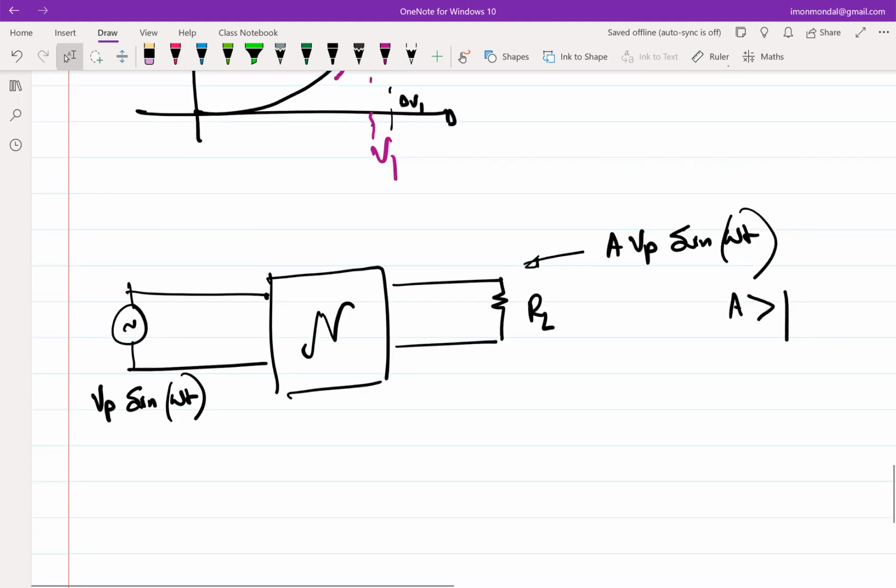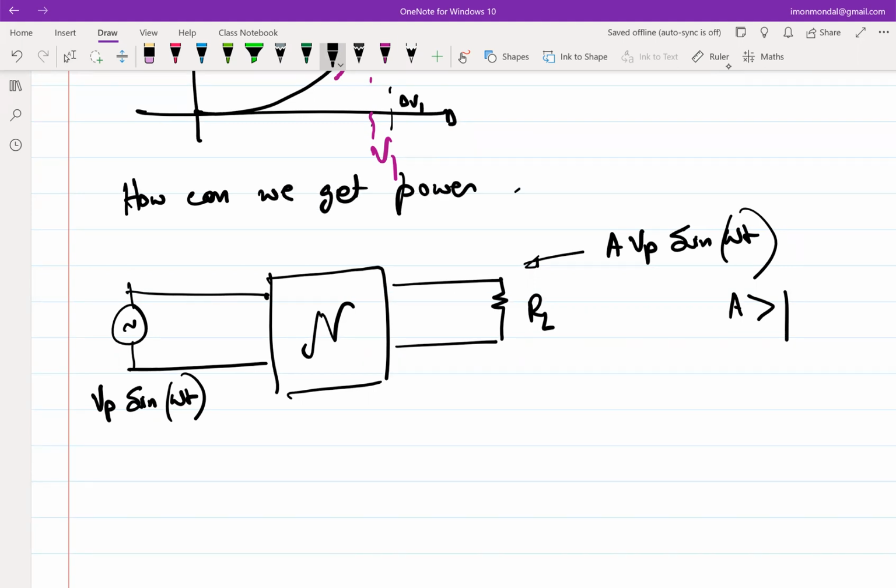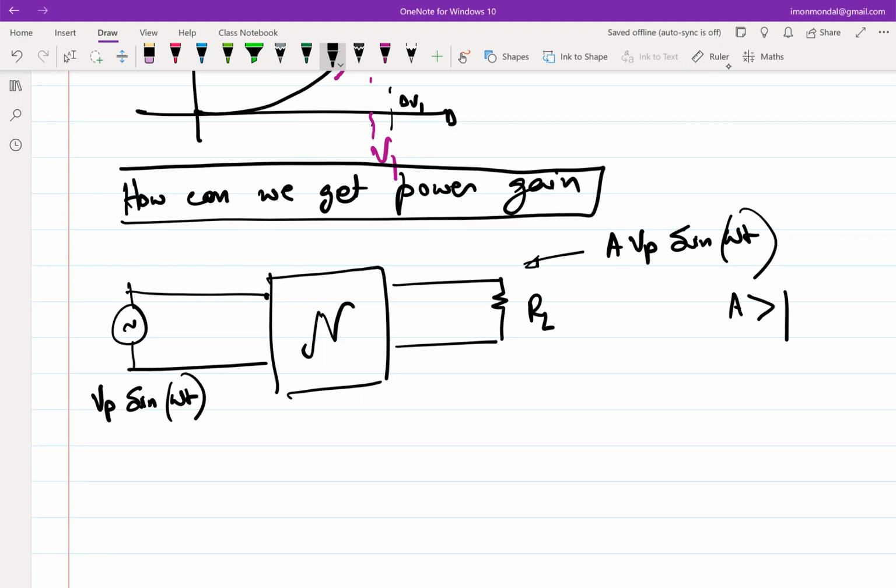Okay. So what I'm looking for is, can we get power gain? How can we get power gain? So what I mean is that power gain is, if you have an input current I1 and an output current I2, input voltage in this case is Vp sin omega t, and your output voltage is V naught.